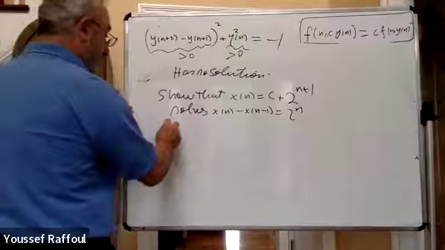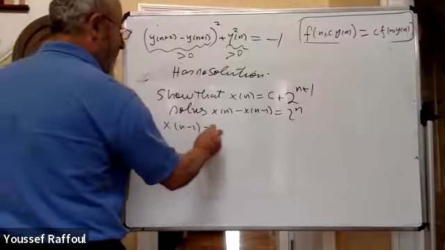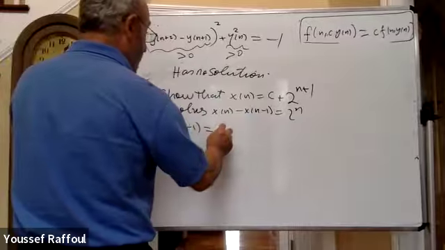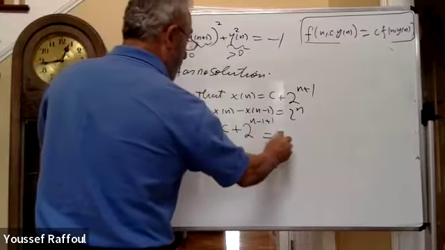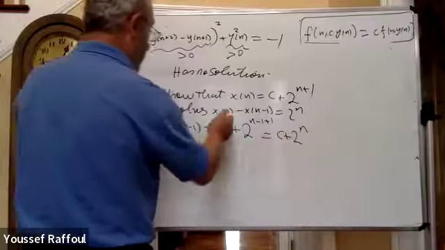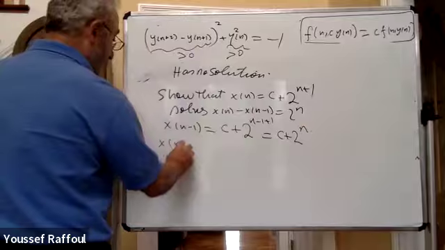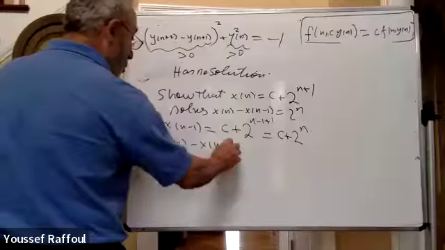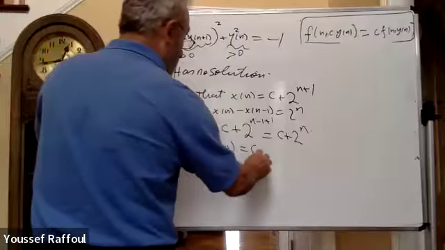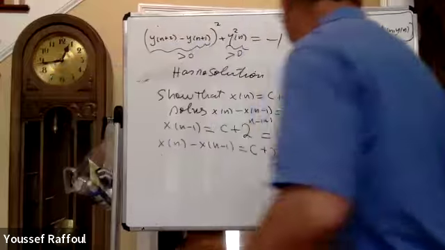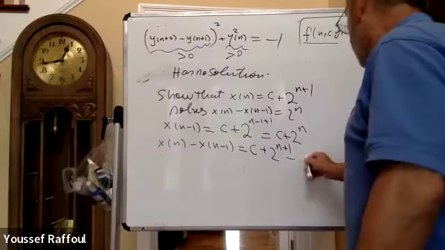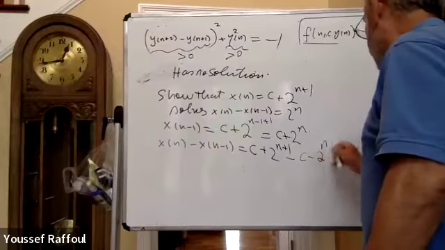So what is x n minus 1? X n minus 1 is c plus 2 to the n minus 1 plus 1, that is c plus 2 to the n. So x n minus x n minus 1 is c plus 2 to power n plus 1 minus c minus 2 to power n.